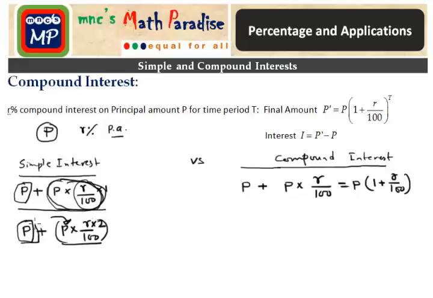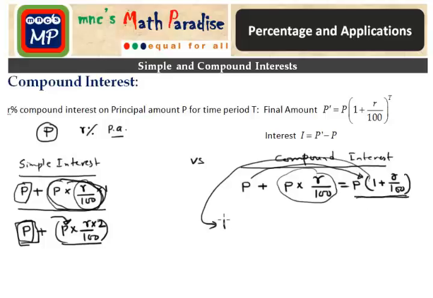So the principal amount remains same. But for compound interest, at the end of one period, this principal amount changes into this. So that means the interest obtained in first year is added to the principal amount, and that amount becomes the second year's principal amount.